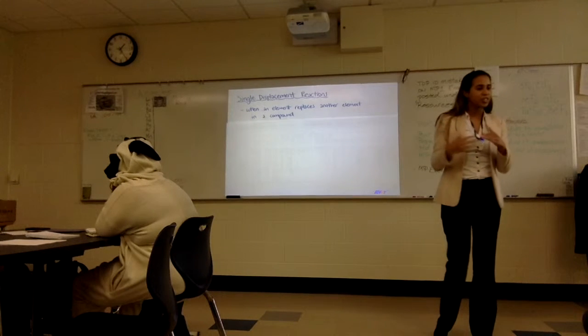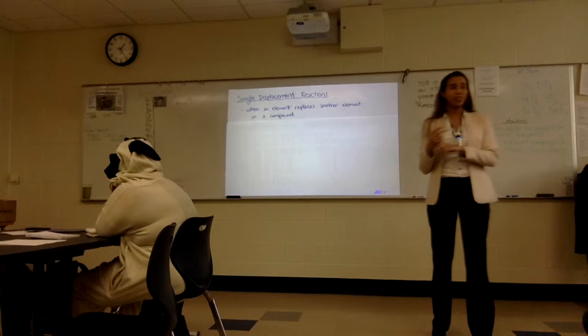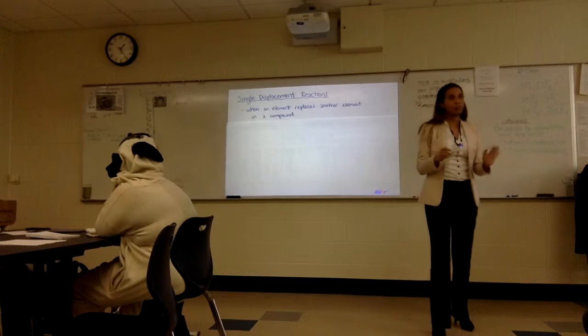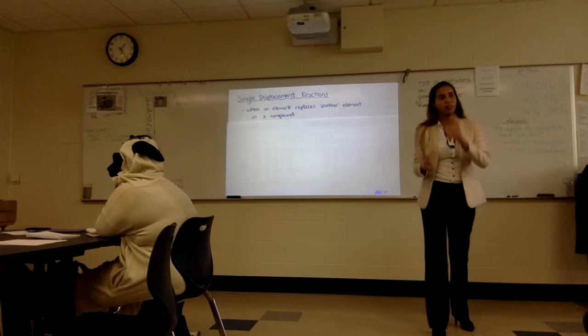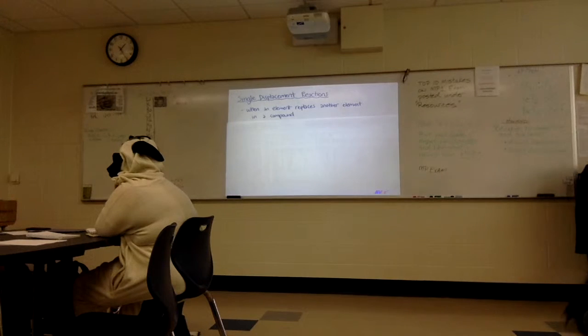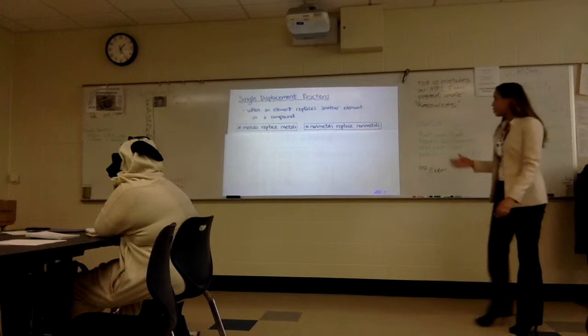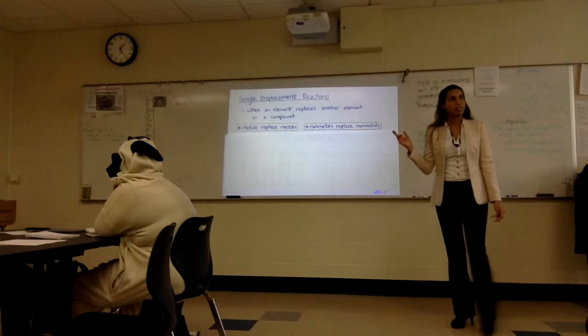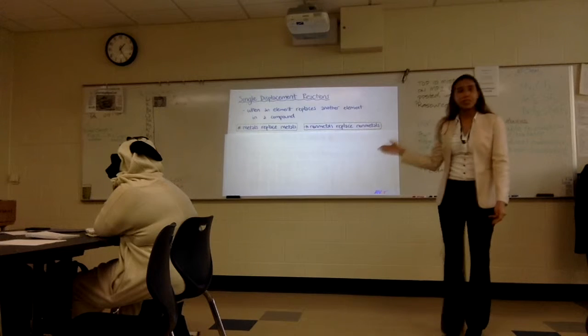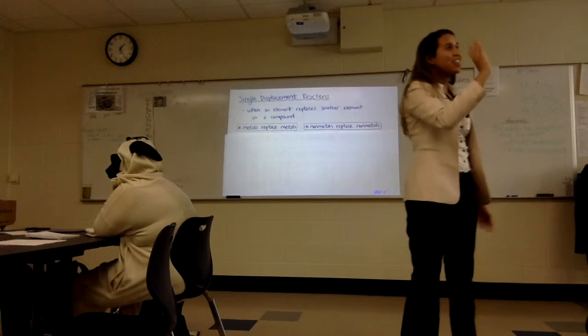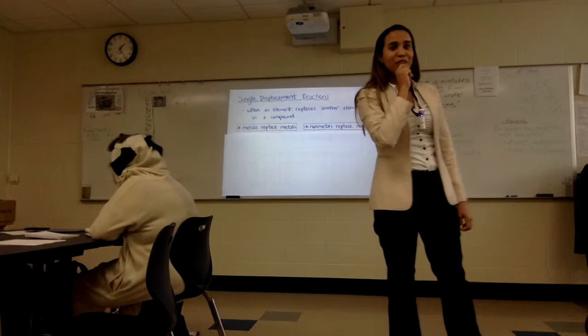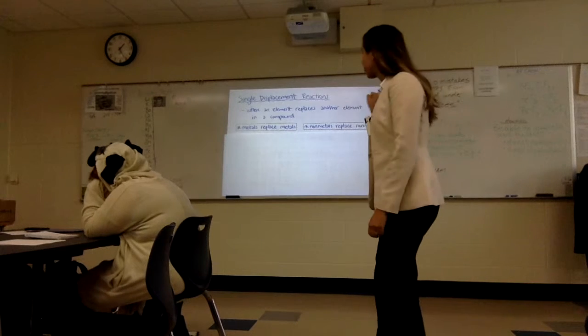In this situation, we have one element reacting with a compound, and then it replaces the metal or non-metal. So in this case, we have two types. We can have a metal replacing a metal, or a non-metal replacing a non-metal. So then we go back to our periodic table once we get a chance. So get that down.